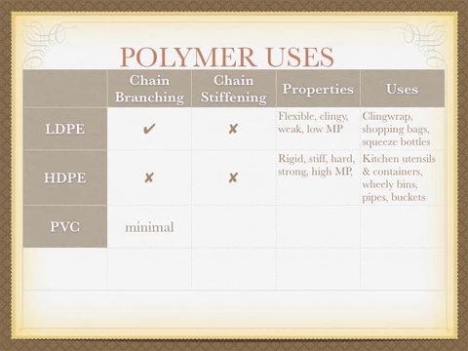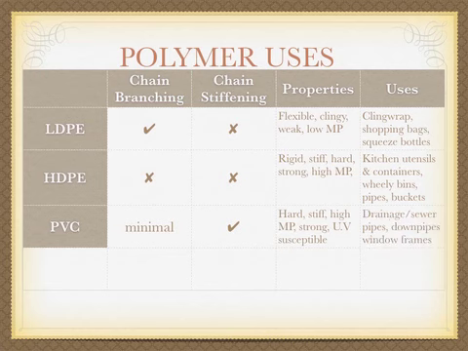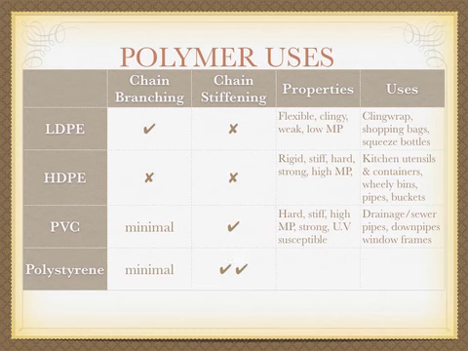PVC doesn't have a lot of chain branching, but the chain branches that it has are very stiff. So again, this is hard and stiff, and it's got a high melting point, but it's susceptible to UV light. So you tend to find this in drainage and sewer pipes, downpipes, window frames, anywhere that you need a rigid polymer that can be kept out of UV attack. Polystyrene, however, does not have a lot of chain branching, but the chains are exceptionally stiff.